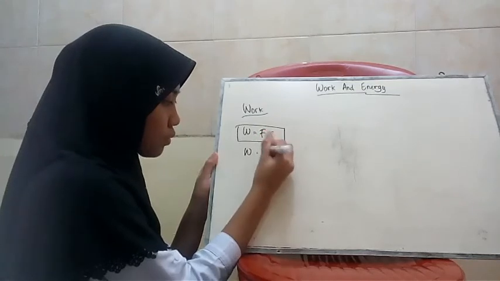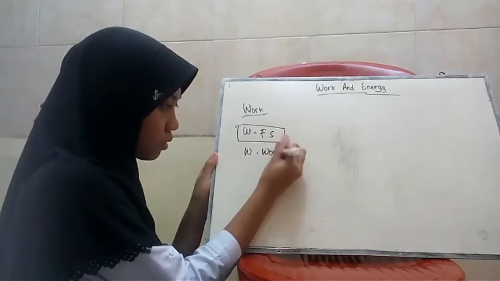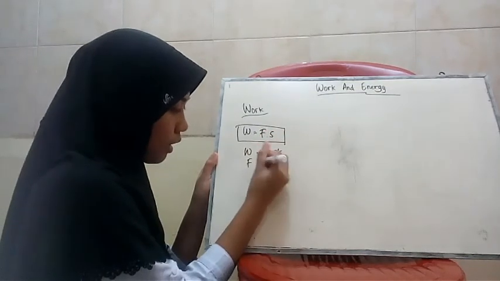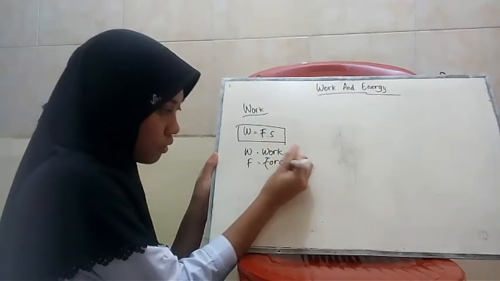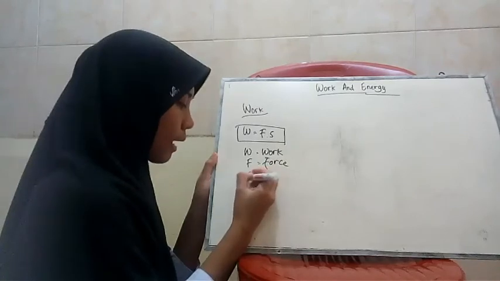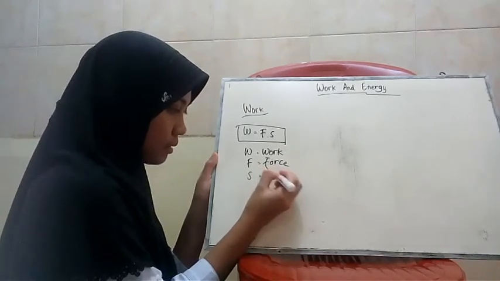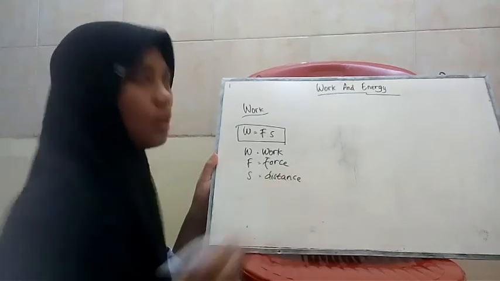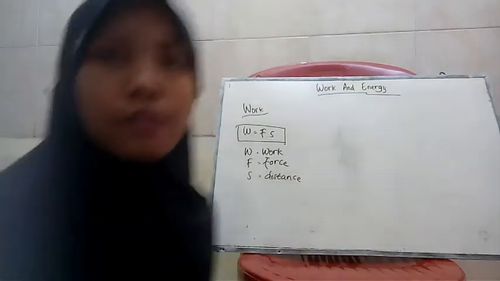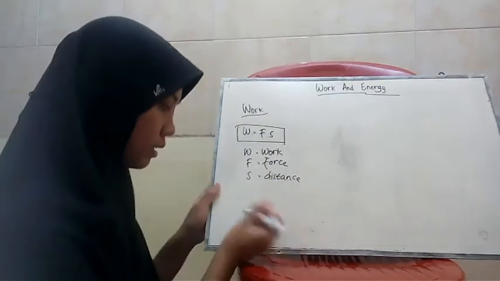W is work, F is force, S is distance. The picture of the work is like this.